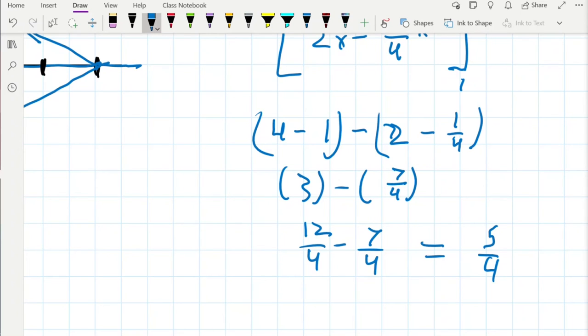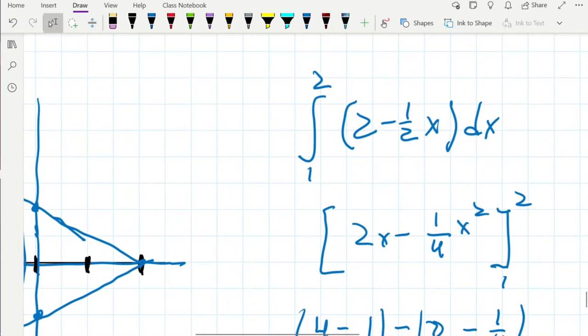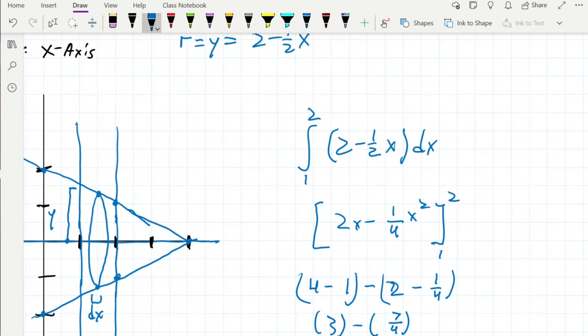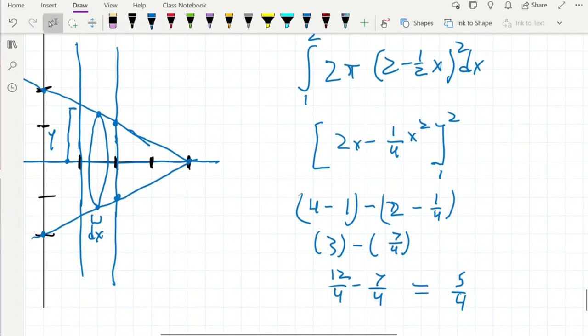And yeah, I had the setup incorrect. I forgot my 2 pi. Because this is supposed to be 2 pi times it. Because that's r. So it should have been 2 pi, because it was supposed to be 2 pi r squared.